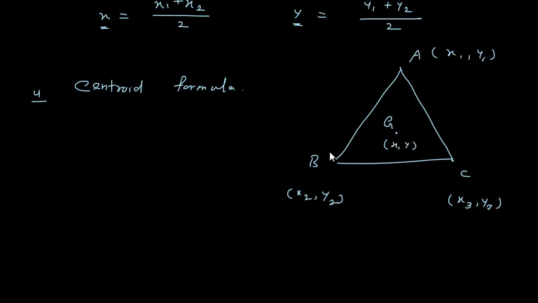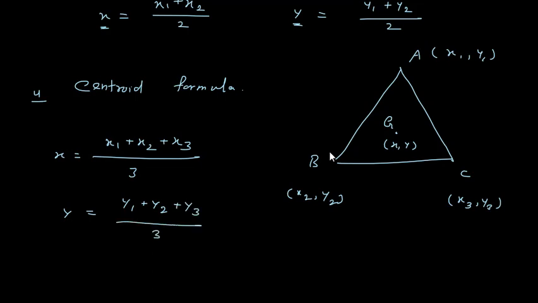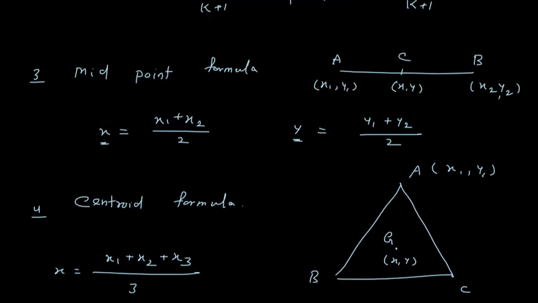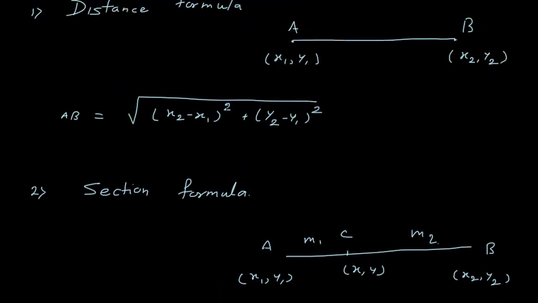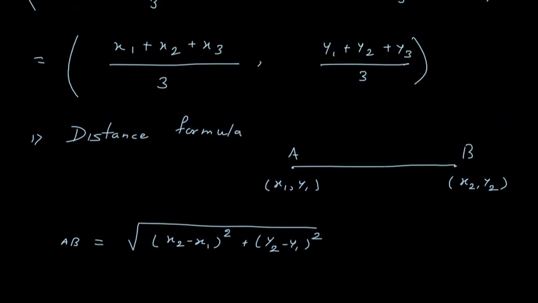So then this x is given as (x1 + x2 + x3) whole divided by 3, and this y is given as (y1 + y2 + y3) whole divided by 3, as the coordinate of the centroid. So these four formulas you must remember. As I remember all these formulas, you should also remember all these formulas. Okay.